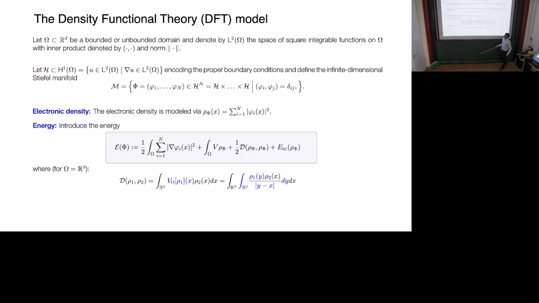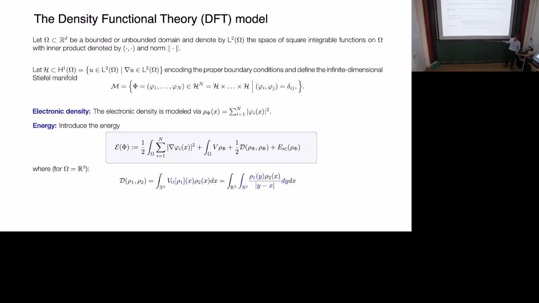The solution to the Laplace equation here in blue can just be written as a convolution with the fundamental solution of the Laplace equation. But basically this is the electrostatic potential generated by ρ1. And this is really a classical term. If you are given 2 electronic densities, also in the classical sense, this is the interaction energy.